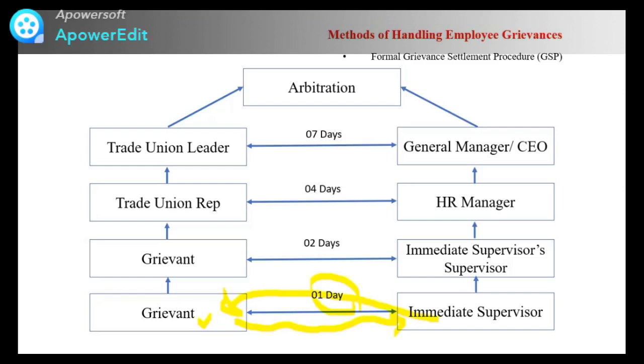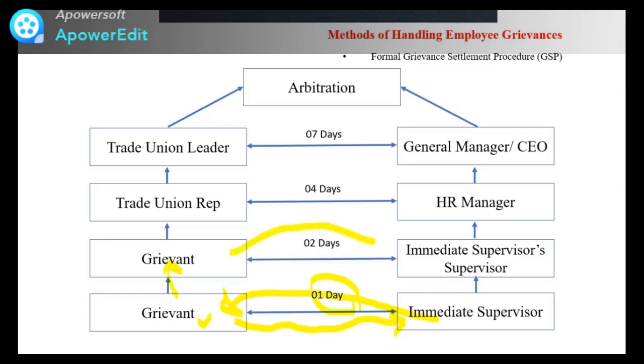But we assume the immediate supervisor's solution is not satisfactory. Then the grievance can go to the second stage. The worker presents the grievance to the immediate supervisor, and the immediate supervisor has to give a solution within 2 days.